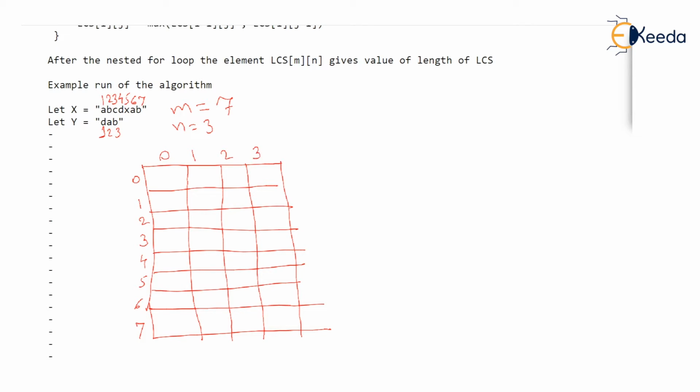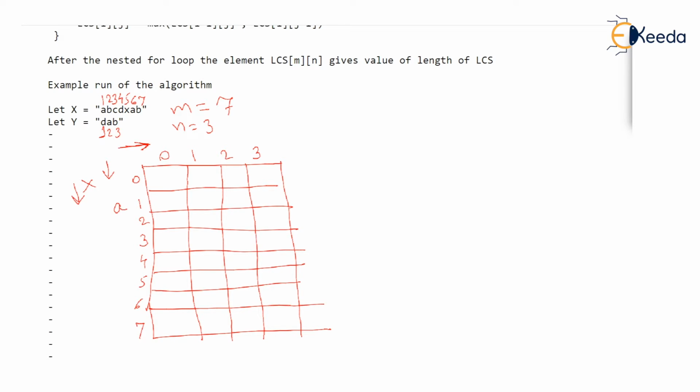Now what we are going to do, we are going to take these rows as indexes of X. I repeat, we are going to take these rows as indexes of X, and we are going to take these columns as indexes of Y. Columns will be treated as indexes of Y. So for my reference, or rather for your reference, I am writing the letters of X in front of the indexes.